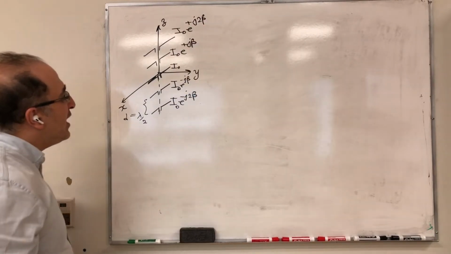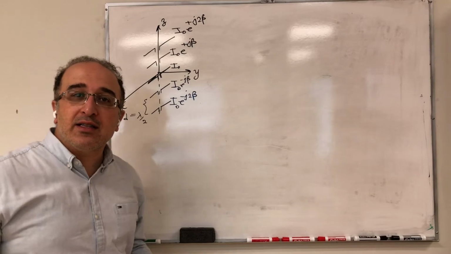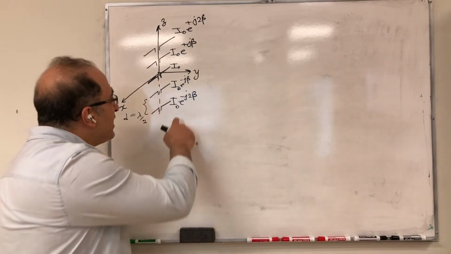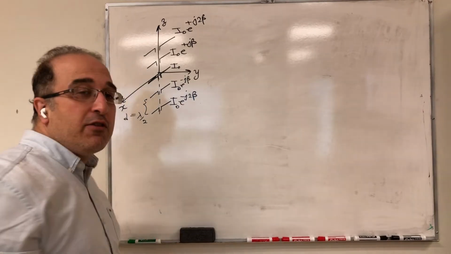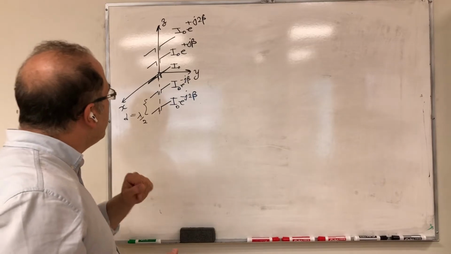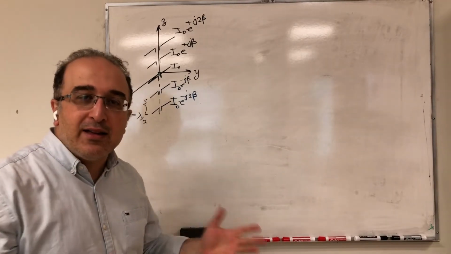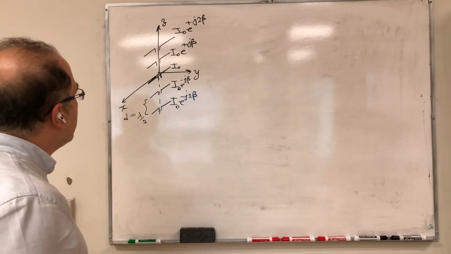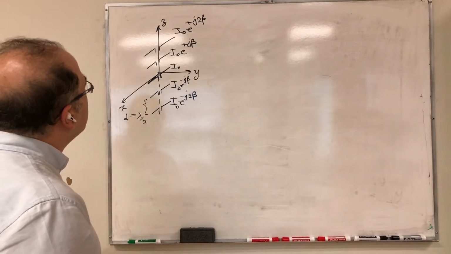So you see that the magnitudes of the currents are the same, so it's a uniform array. And you see that you have a progressive phase shift of beta. The elements are on a line, so it's a linear uniform array, the same thing that we discussed in this course for the antenna array. So this is the situation that we have.